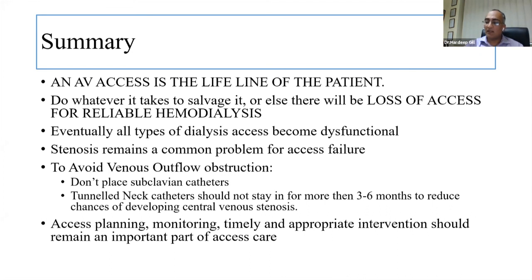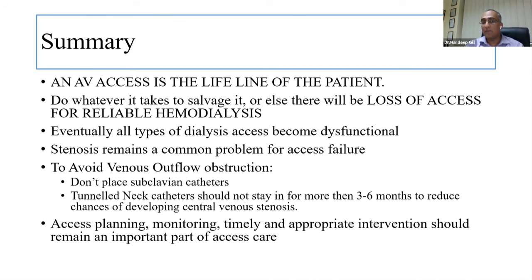The use of subclavian catheters, we've said again and again, we should not use them. Subclavian catheters cause severe central venous stenosis, and we see a lot of them. I see a lot of patients who've got complications of venous outflow obstruction, although we don't get to operate on all of them. So I think subclavians should actually be phased out.